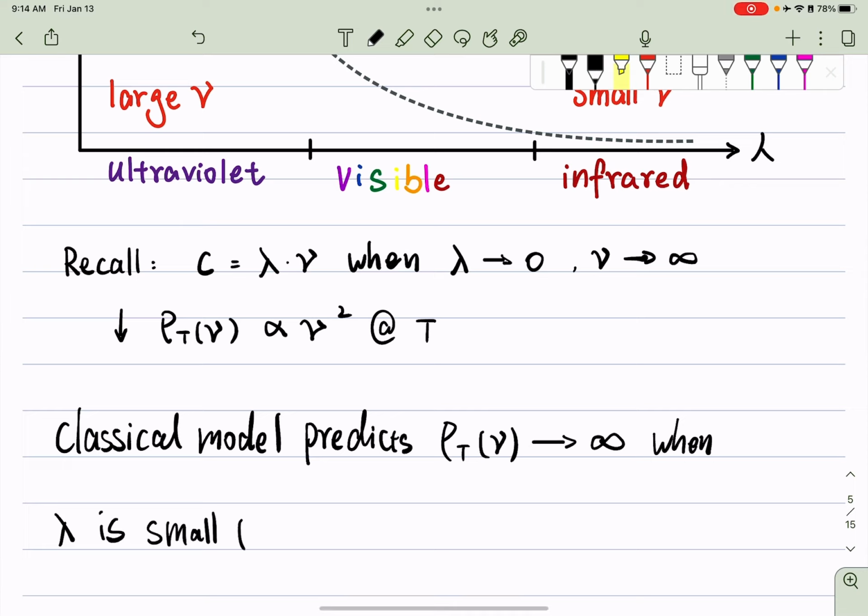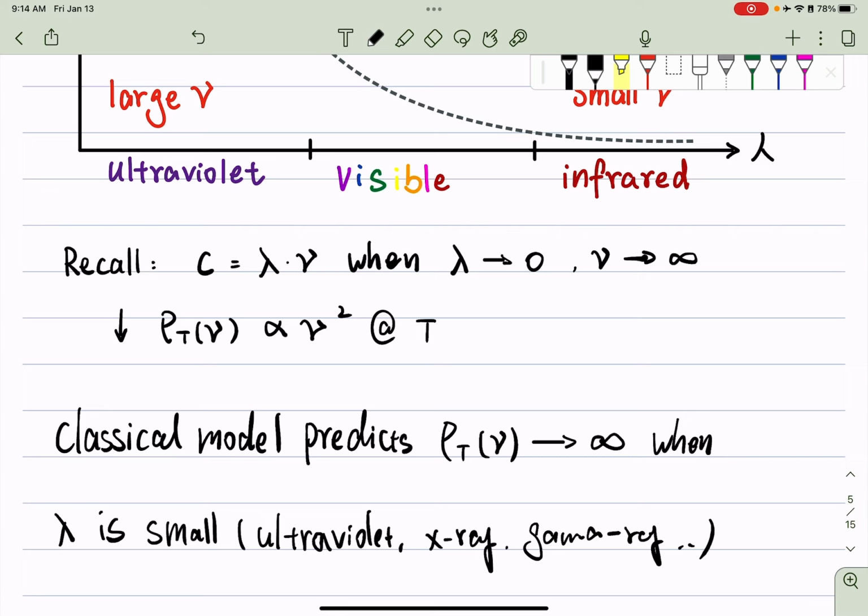So when we're talking about lambda, the wavelength, being small, we're talking about ultraviolet, X-ray, and gamma ray, and so on. Or in general, these high energy radiations that can harm your body.